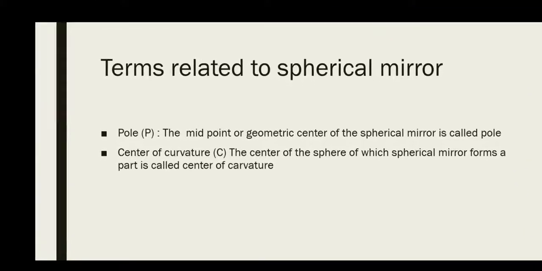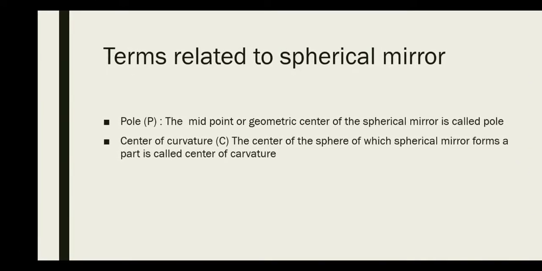Next, terms related to the spherical mirror. What is the pole? The midpoint or geometric center of the spherical mirror is called the pole. It is denoted by capital P. Second, center of curvature. What is the center of curvature?